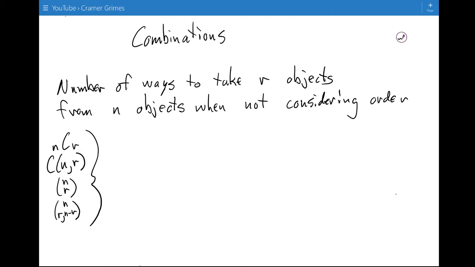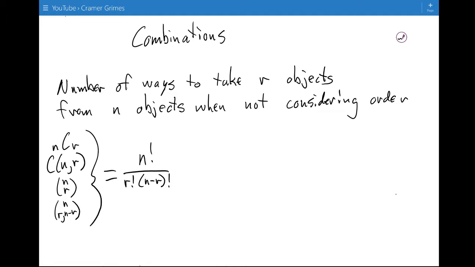But all of these have the same formula: n factorial over r factorial, and then n minus r factorial.